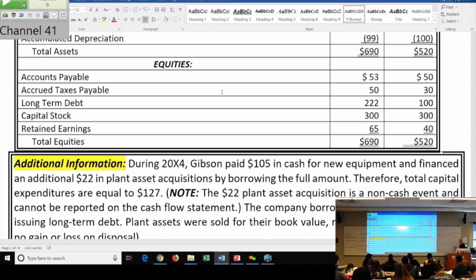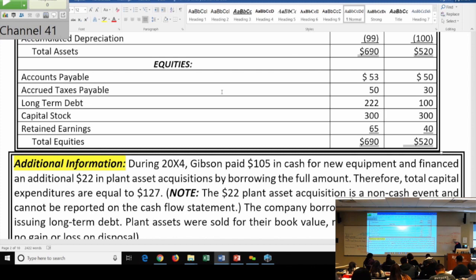Now, I want to be sure that we understand that the cash flow statement is going to include this transaction. The borrowed transaction is going to be disclosed. I'm going to put a note there for you as well. Then in financing, we know we borrowed right here an additional 22.